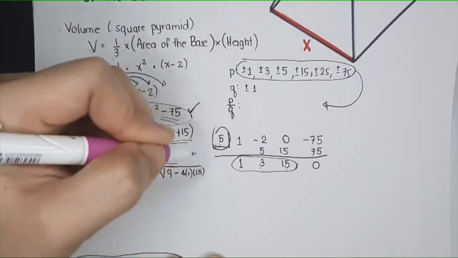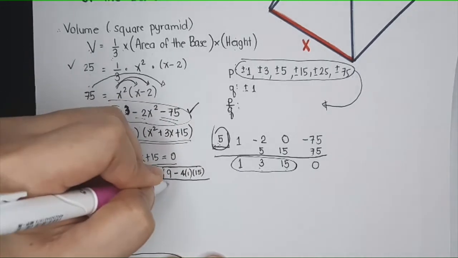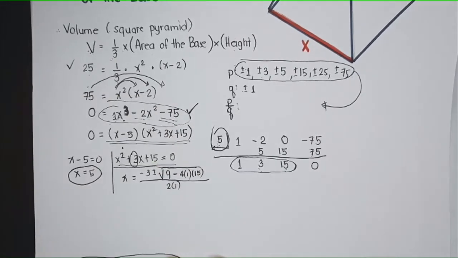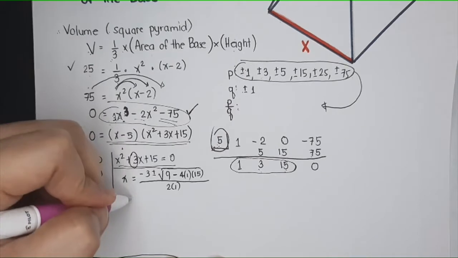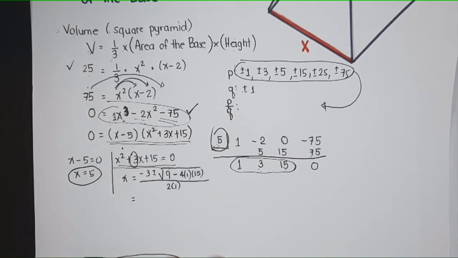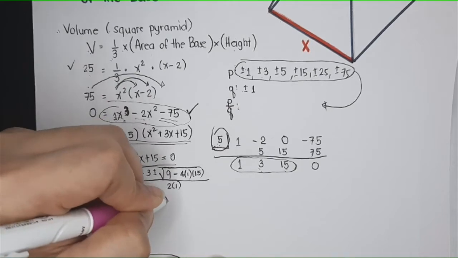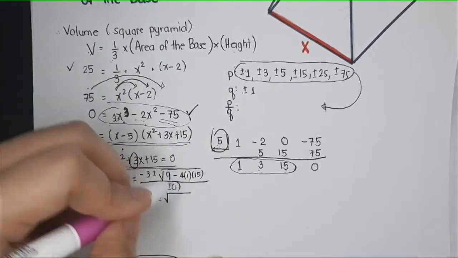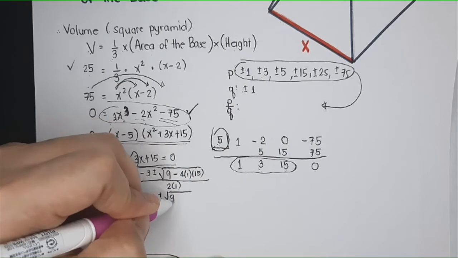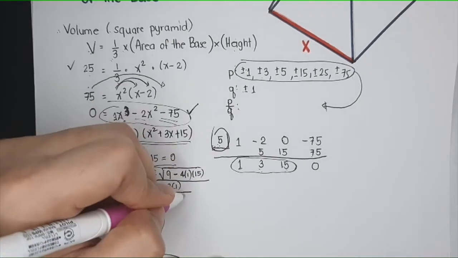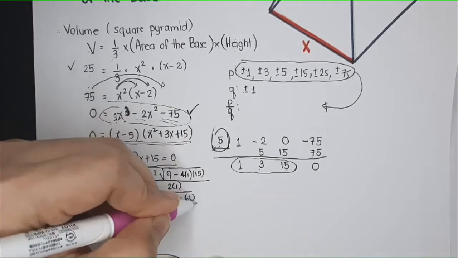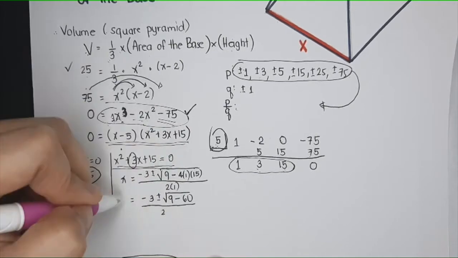Okay? All over 2a. So, 2 times 1. Kita nyo? Okay. If we continue, we get negative 3 plus minus the square root of, this is 9. Okay, 9 minus, what is 4 times 15? 60. All over 2. Okay?